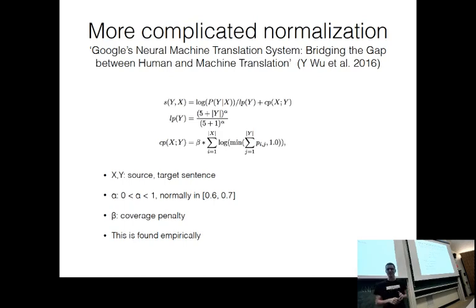And they're taking the min of the attentional weights and 1. So this gets a higher penalty for each word that is not covered. And the idea for this is just trying to push the translation system in your search phase to cover every word in the input sentence. And they got pretty impressive results with this, although all of the parameters here they found empirically, and there's really not much of a theoretical justification for them.